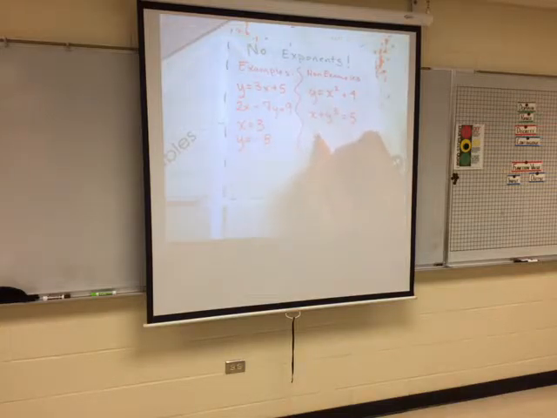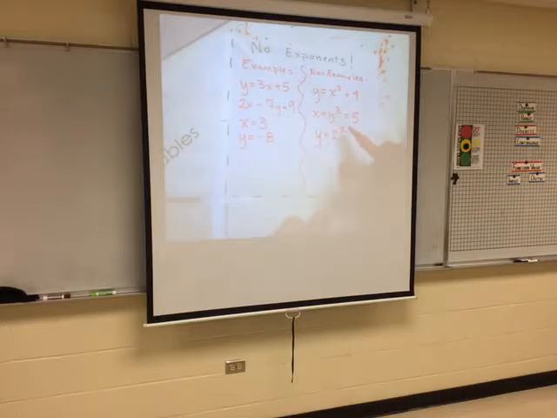Or even, and we're going to see this one later this year, y equals 2 to the x power. See, your exponent doesn't have to be a number, it can be a variable. So all of those are examples of nonlinear functions.